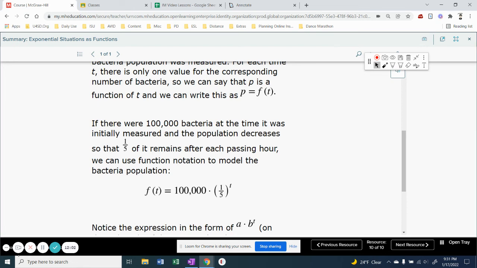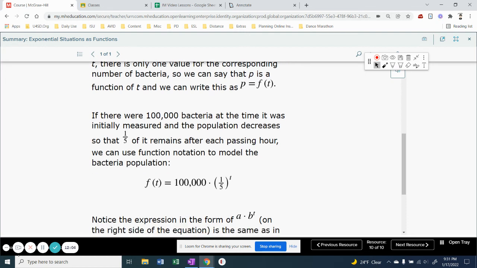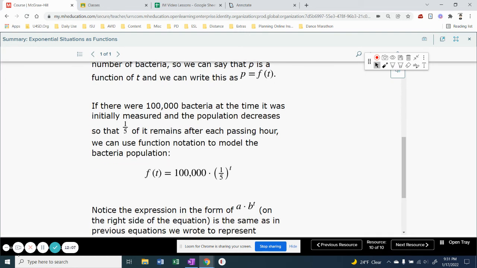If there were 100,000 bacteria at the time it was initially measured and the population decreases so that 1/5 of it remains after each passing hour, we can use function notation to model that bacteria population. So instead of using P over here, we're going to use F of T because we know that P, the population, is a function of time.